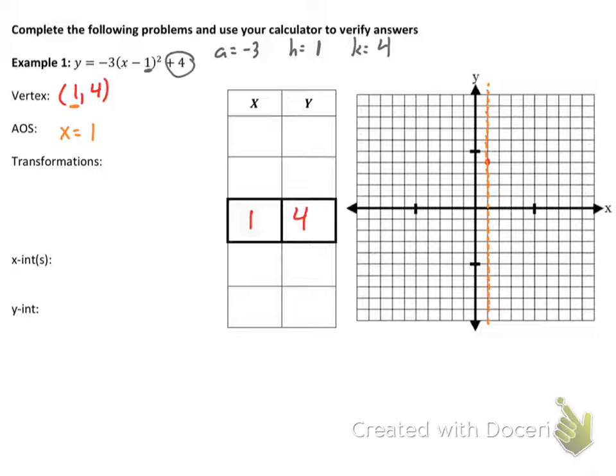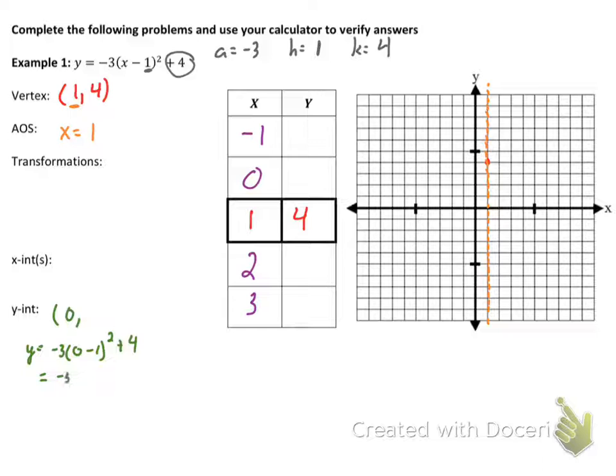All right, now let's finish graphing this parabola. We need to plug in a couple more points. I'm going to plug in 2 and 3 because those are above 1, and 0 and -1, which are below 1. If I plug in 0 for x, that's going to be the same as my y-intercept. So y equals -3 times (0 minus 1) squared plus 4.